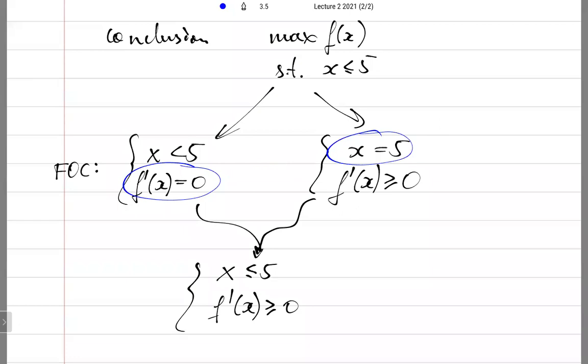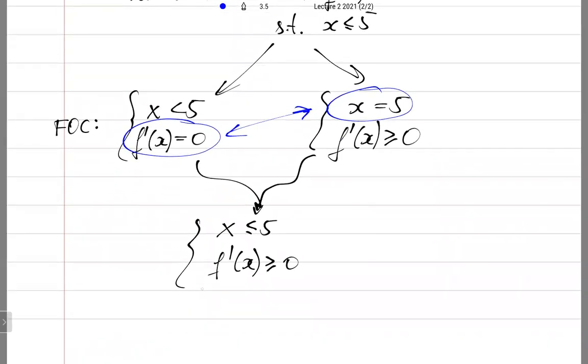So I see that at least one of the conditions should be satisfied as equality. And so I add the third condition, 5 minus x, multiplied by f prime of x is 0.